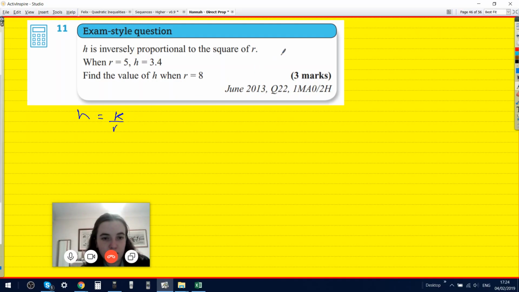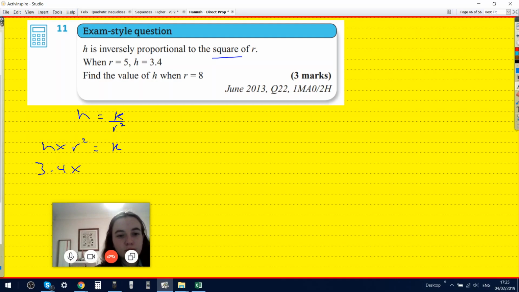What is this about? Squared. Yeah. K equals H times r squared. Which is 3.4 times 25.